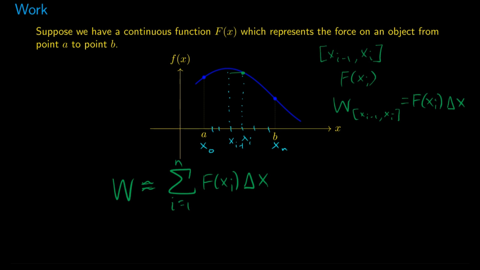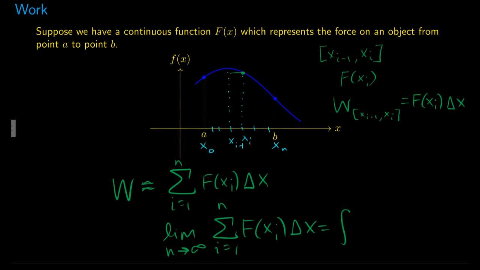And if we then take the limit as n goes to infinity, we have the limit as n goes to infinity of the sum from i equals 1 to n of f of x i delta x, and that's actually equal to the integral from a to b of f of x dx. So it turns out that our work is just equal to the integral from a to b of our force function over that interval.